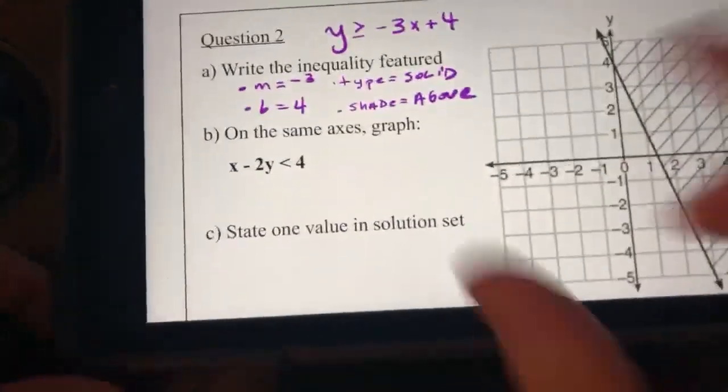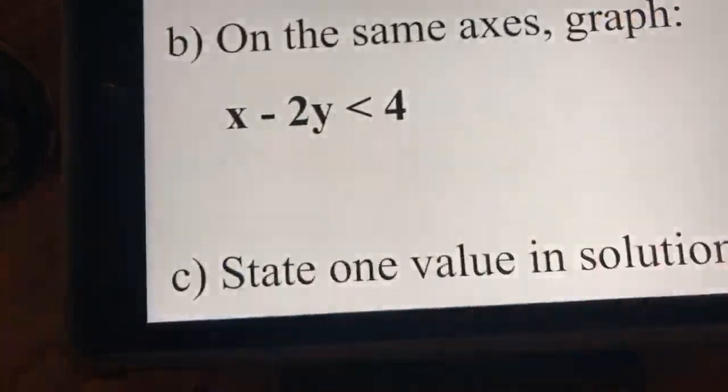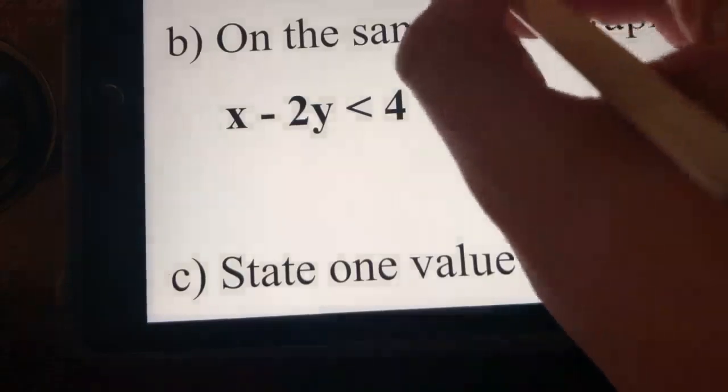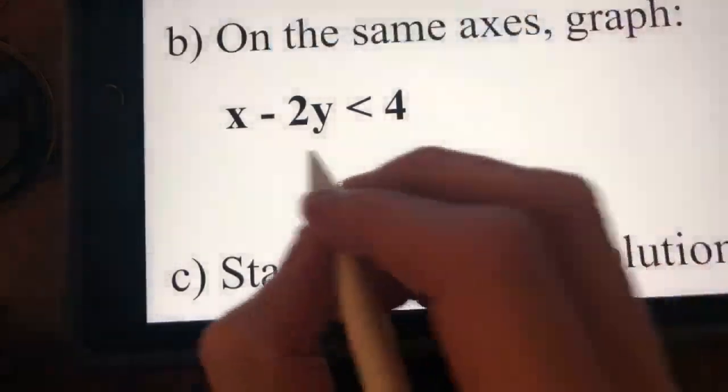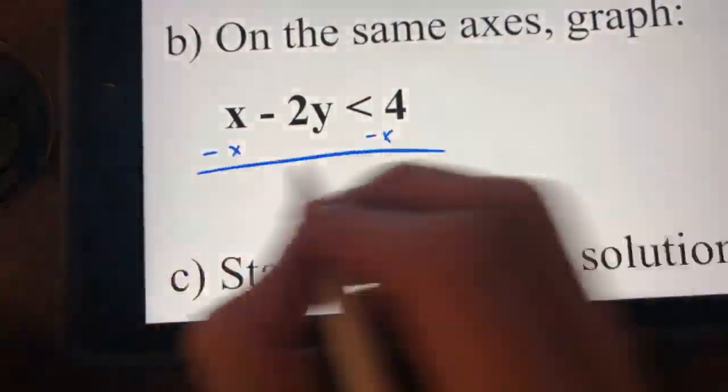We're going to graph this second one. So the first thing we're going to do is get it in a nice graphing form, which would be y form. I'm going to subtract x from both sides.